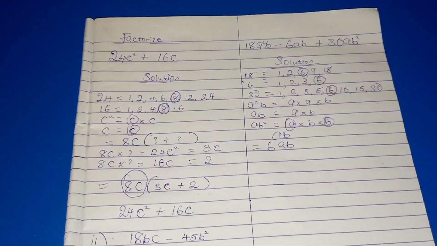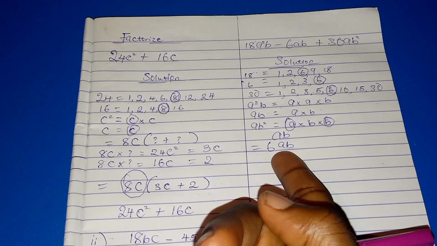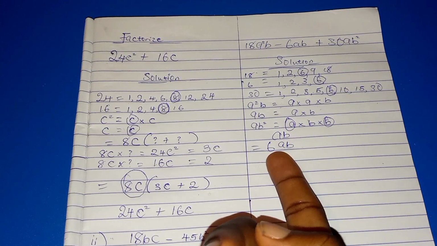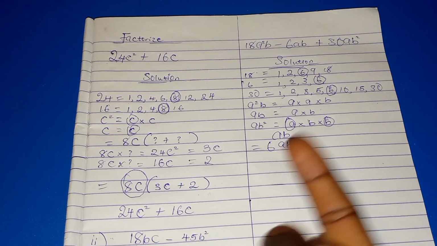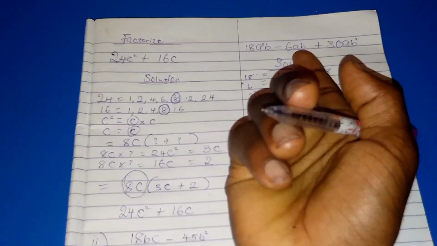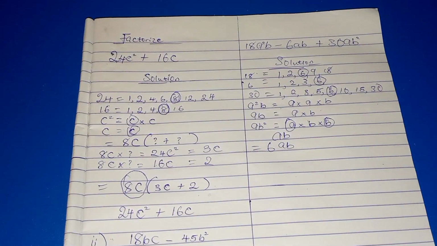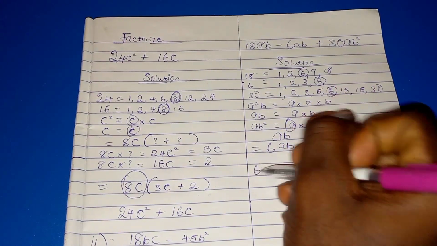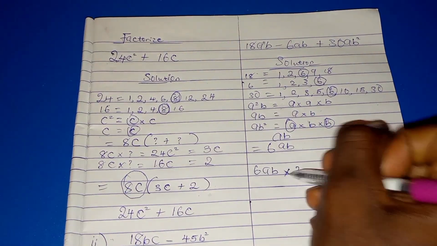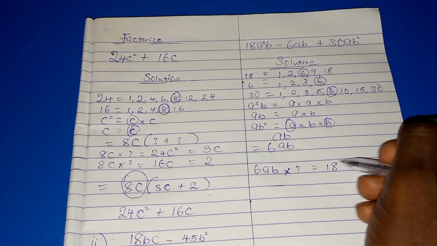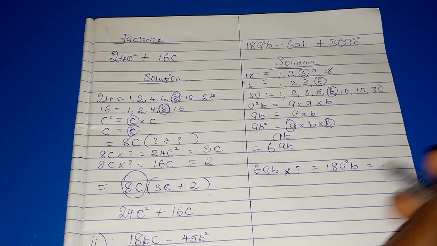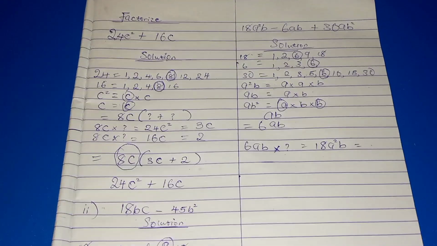So 6ab is the value we obtained. What values would we multiply it by to have 18a squared b, 6ab, and 30ab squared? So 6ab multiplies what given value to give us 18a squared b?